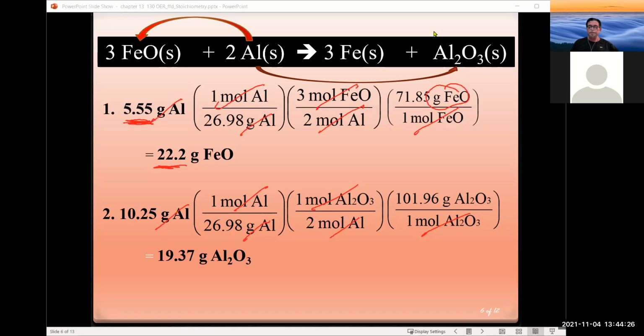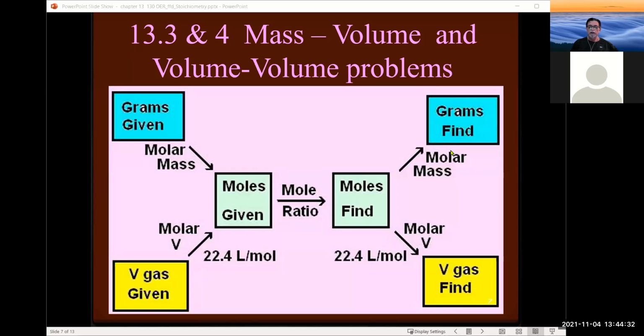All right. Let me clear my table here. So we gave you a flow chart before, which dealt with the STP conditions, and that's written in yellow, that relationship of 22.4. Now we got a flow chart here that will help you with any type of these problems.